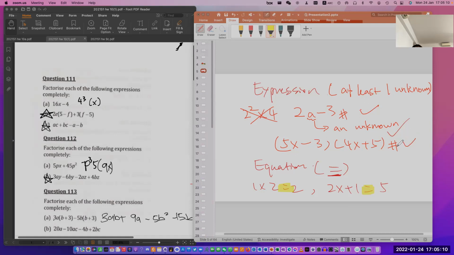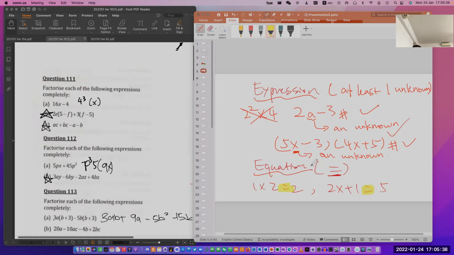At least you have one unknown. So over here the unknown is x. Unknown means something not known. So after this slide, I hope you have a very good understanding of the difference between expression and equation.